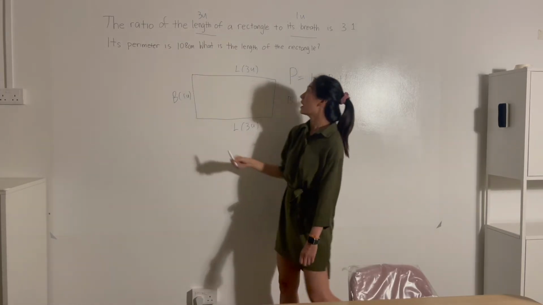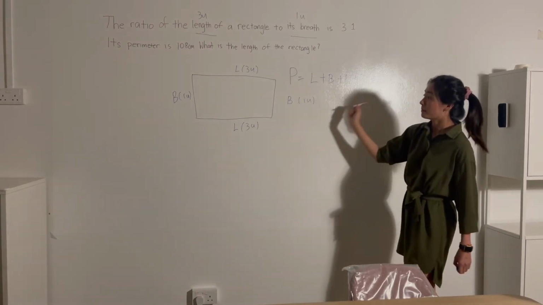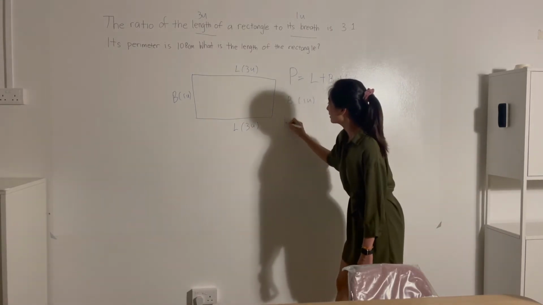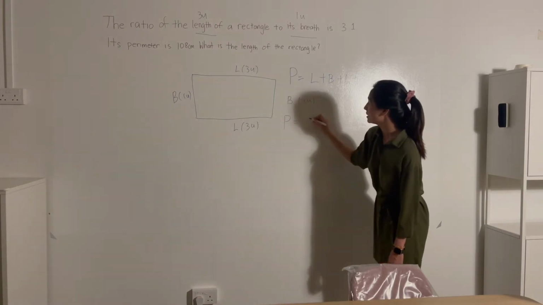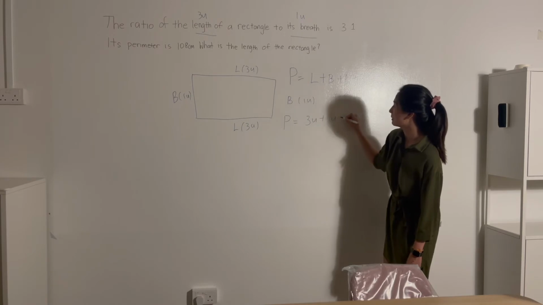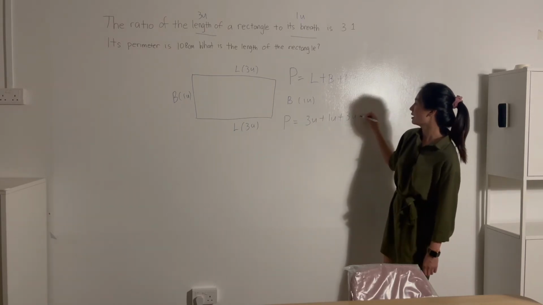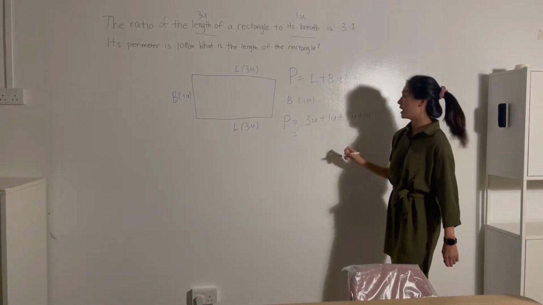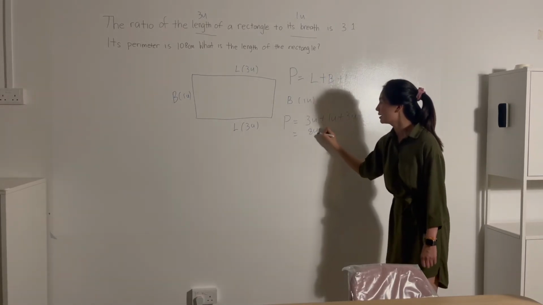So now I'm going to sum up the perimeter in terms of its units. Perimeter will be 3 units plus 1 unit plus 3 units and the final 1 unit. Adding them together, I will get 8 units.